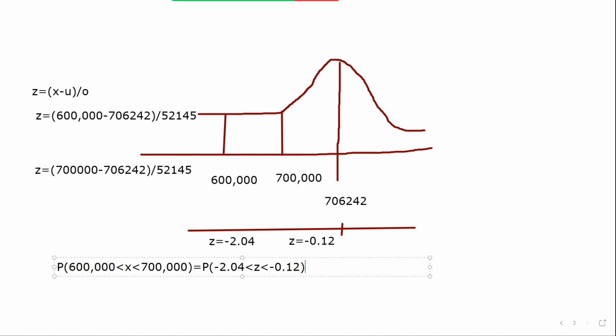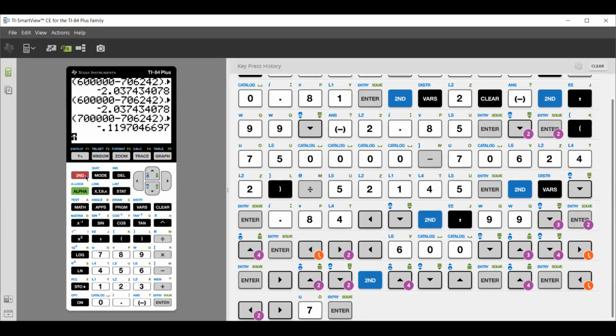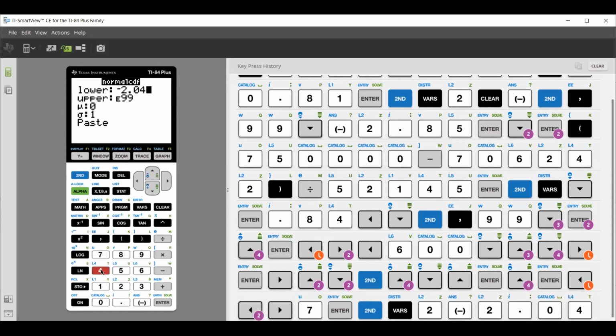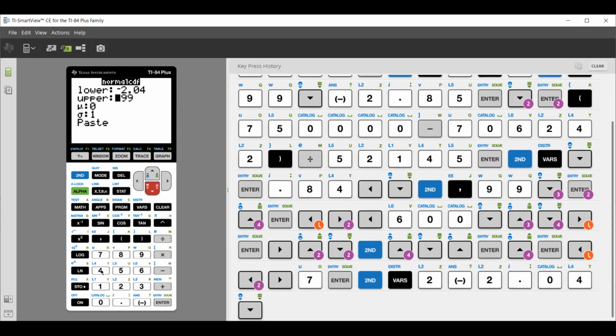So we're going to go to the calculator. We're going to go second distribution, normal CDF, number 2. We're going to go from negative 2.04 to negative 0.12.